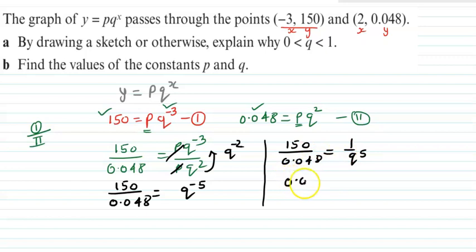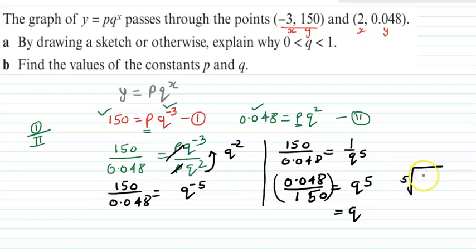So it should be 0.048 divided by 150, and it should be q5, right? And if you find the fifth root of this, tell me what is the value of q. Use your calculator. Fifth root of 0.048 over 150. How much is it coming? 0.2. So q is coming 0.2.